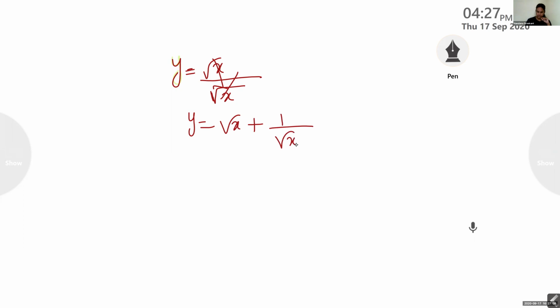Prove that 2x into dy by dx plus y equal to 2 root x. So find what is dy by dx. What is the derivative of root x?